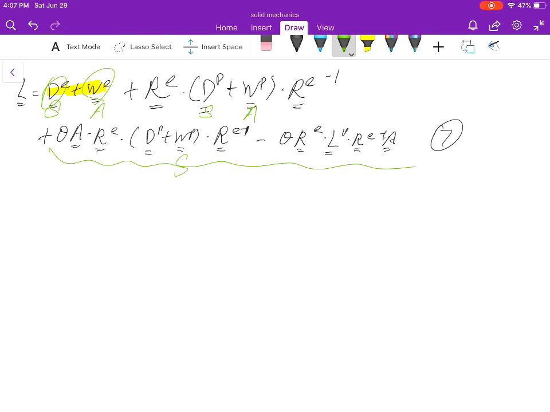So I will just tell you directly that the W part is the symmetric part. Oh, here, what did I do here? This should be read out as DP plus WP, sorry. And W is the symmetric part, and D is the antisymmetric part. So I will quickly show you this.